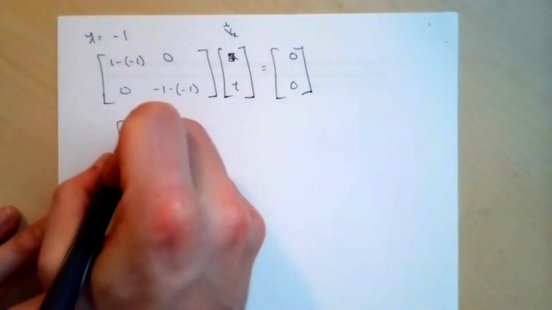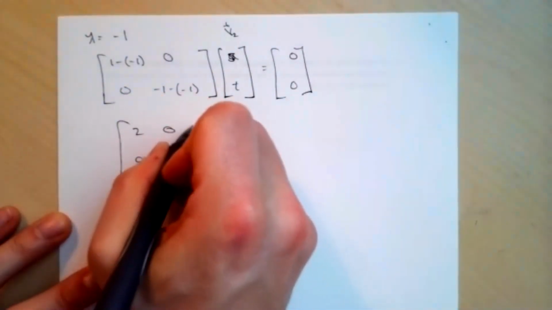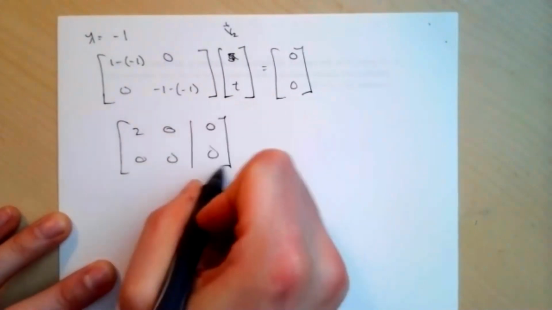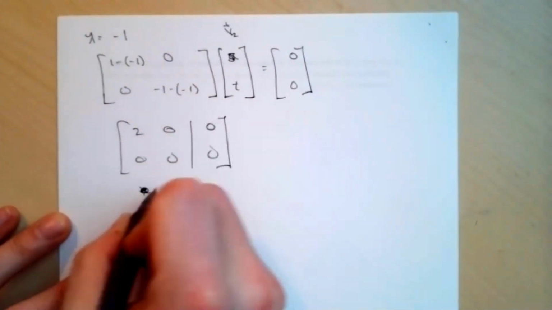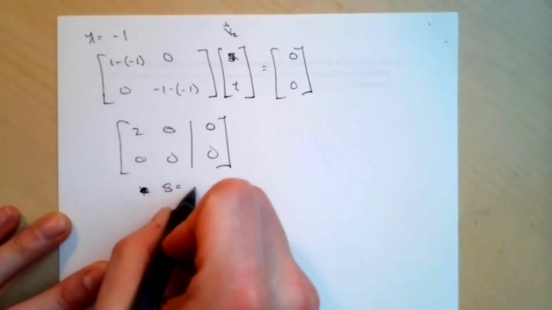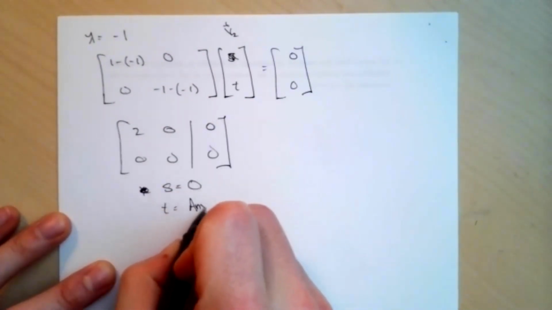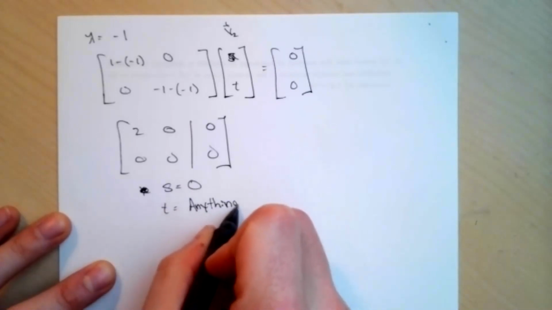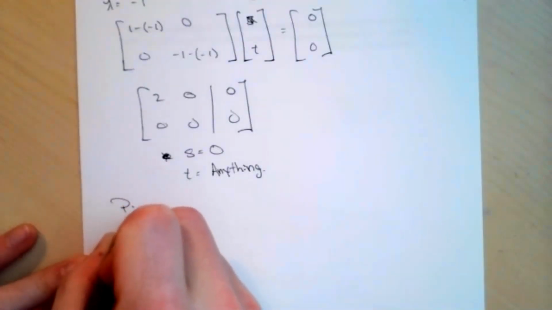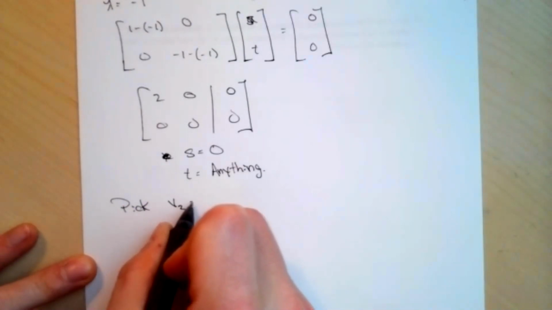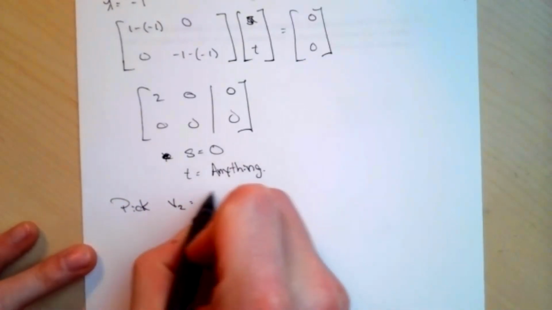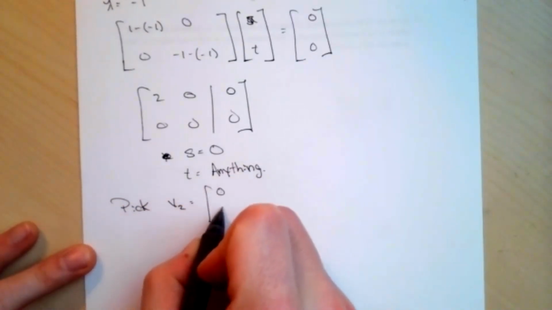We solve again. And in this case, we get our top coordinate has to be 0, and then the bottom coordinate can be anything. So we can pick our v2 equal to (0, 1).